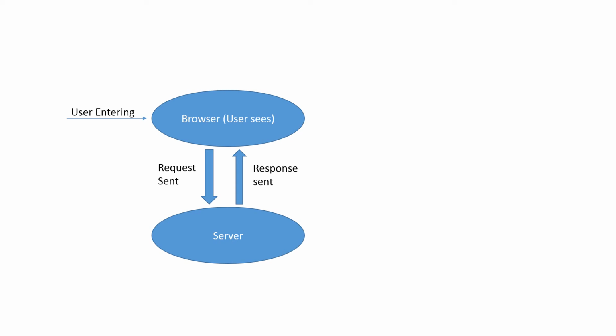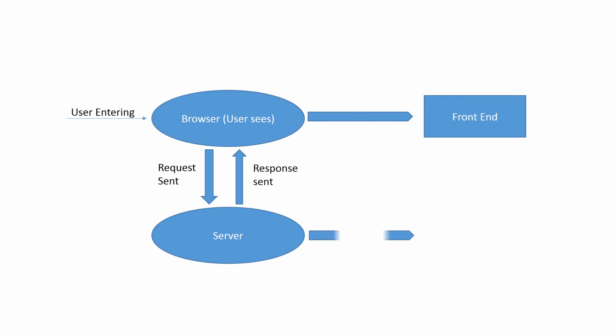Then the response is sent from the server, which is again captured by the front end, or the browser, and the actual results are displayed. Whatever the user sees in the browser comes under the front end, and whatever the server logic is comes under the back end. This is the main difference between the front end and the back end, which should not be confused with any other logic.